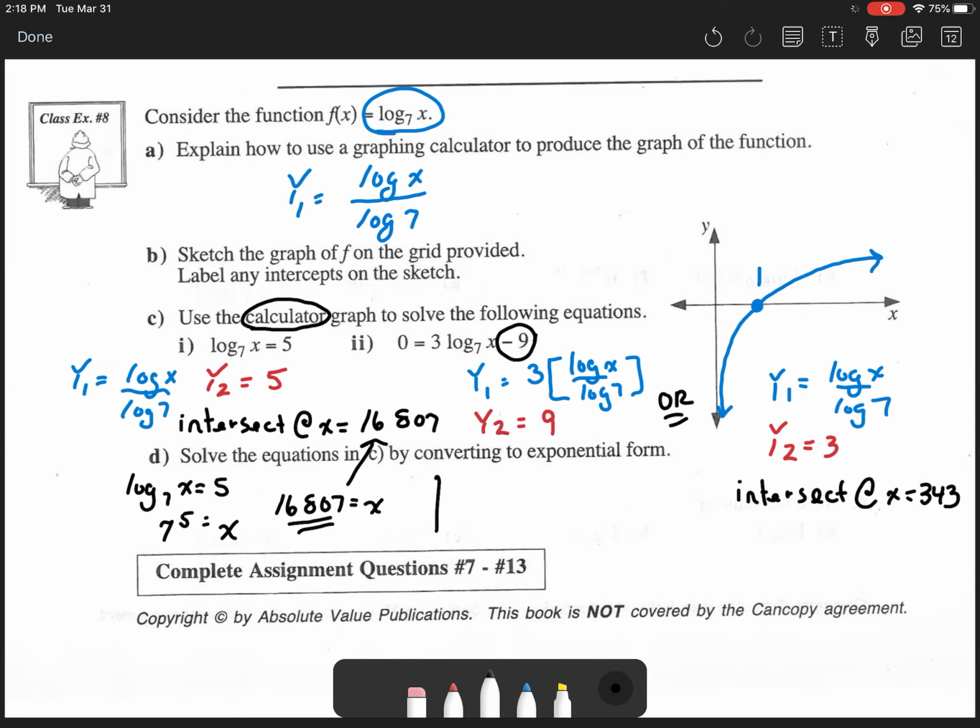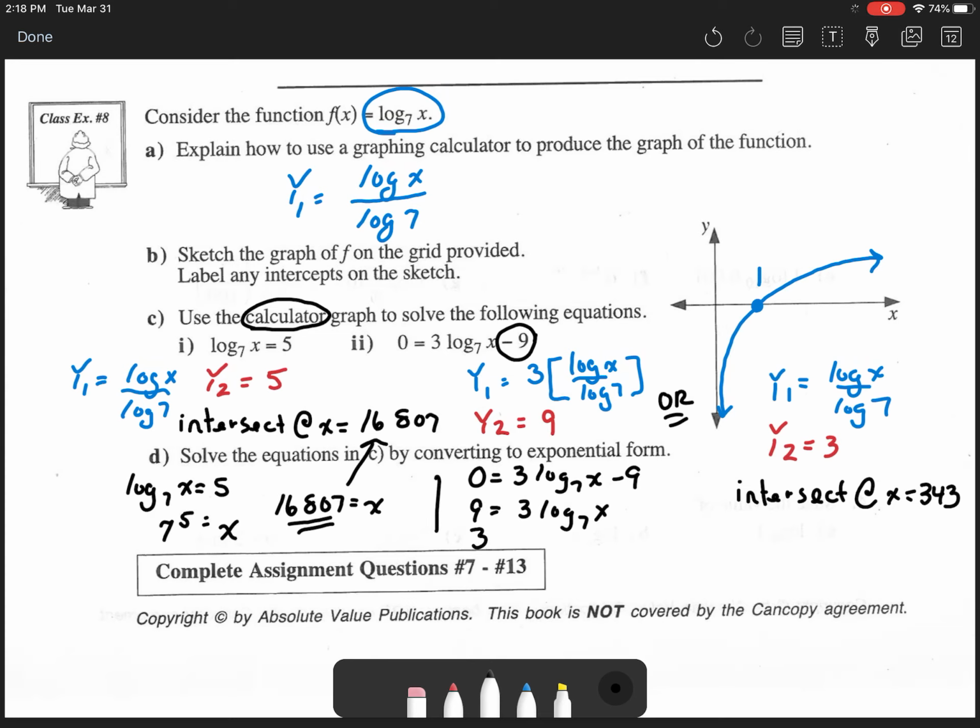The next one, same basic idea. I'm going to solve that one by converting to exponential form. If I start from the very beginning, 0 is equal to 3 log base 7 of x minus 9. I would take 9 to the other side, giving 9 equals 3 log base 7 of x.